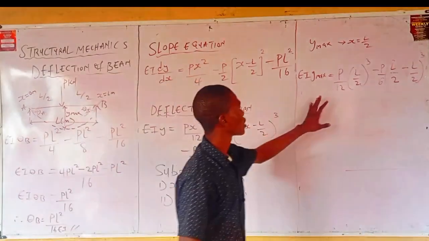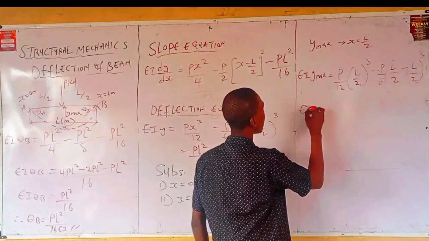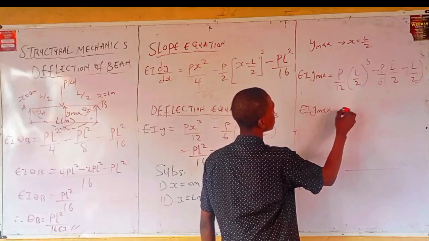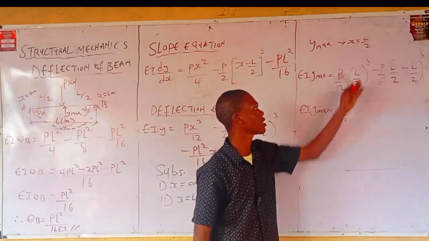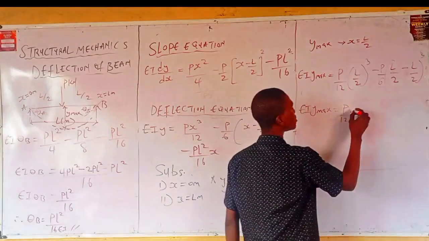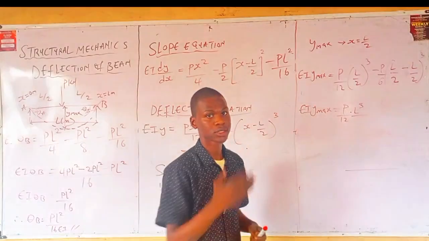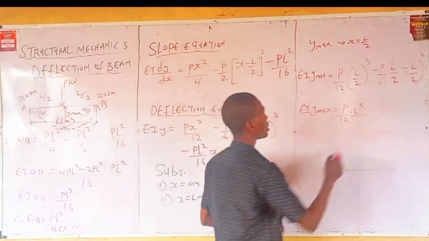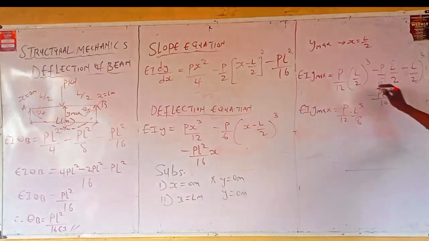Now from here, moving on, open up your bracket, meaning EI Y max equals P divided by 12. Your cube will be affected by this whole bracket, that is multiplied by L cube divided by 8. Why is it 8? 2 times 2 times 2. That's 8. Negative, from here, observe, this will cancel out, right? Why?